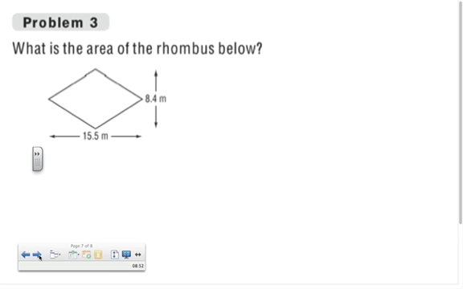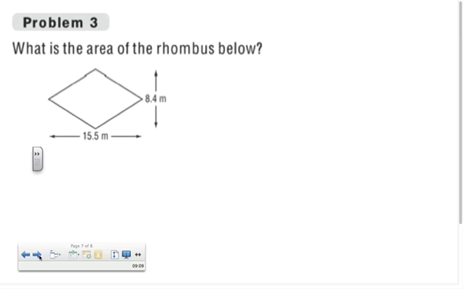Okay, problem 3, finding the area of the rhombus. Once again, do we have the information that we need in order to find this area? That's the first question you always want to ask yourself. Area of a rhombus is 1/2 diagonal 1, diagonal 2. Do I know the length of the diagonals here?